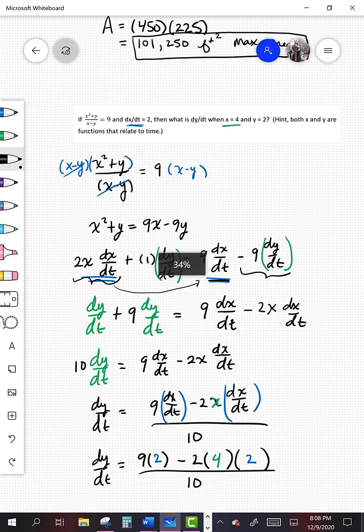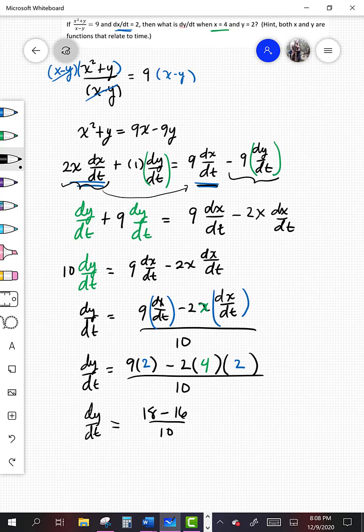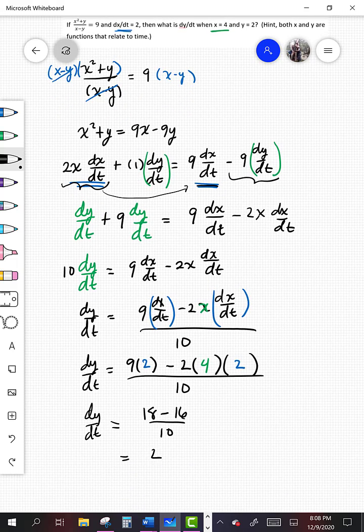So order of operations, let's simplify the numerator. 9 times 2 is 18, minus 2 times 4 is 8, times 2 is 16, all over 10. So we get that that is equal to 2 over 10, which reduces down to 1/5.